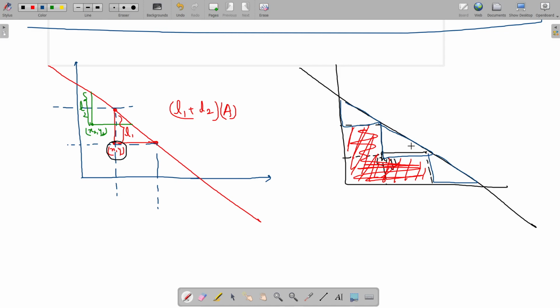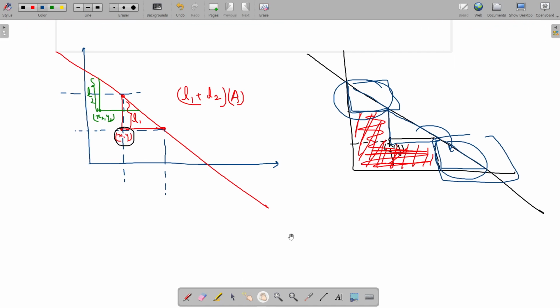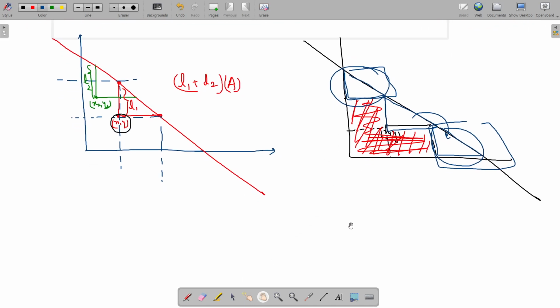And then we can independently solve, because the elements in this region don't affect the elements in this region, as there will never be an overlap. So you can solve independently for this isosceles triangle, and also for this isosceles triangle. Based on this intuition, we will try to formulate a sort of dynamic programming solution.